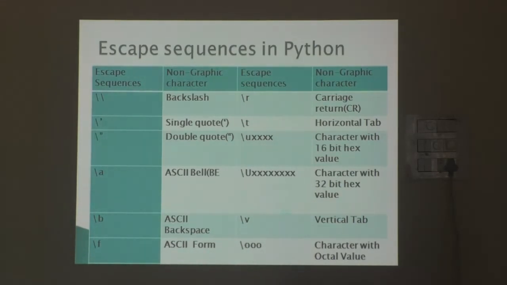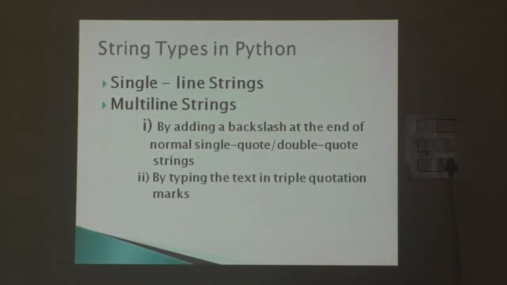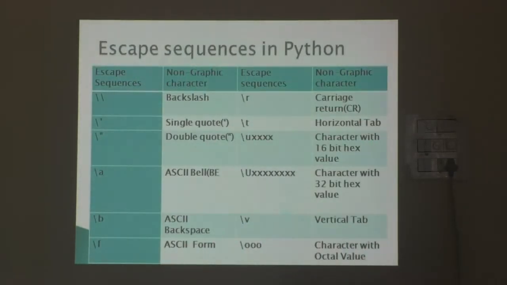We are going to see only three escape sequences in Python: backslash t, backslash n, the new line character, and one more. I will explain these three, which are very important.